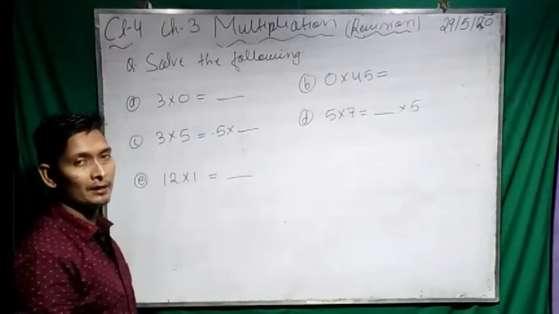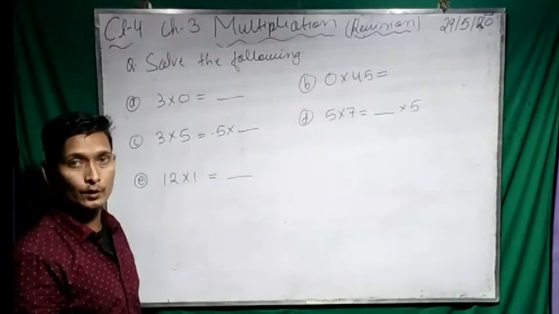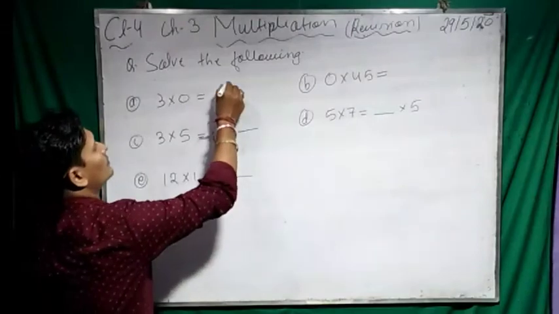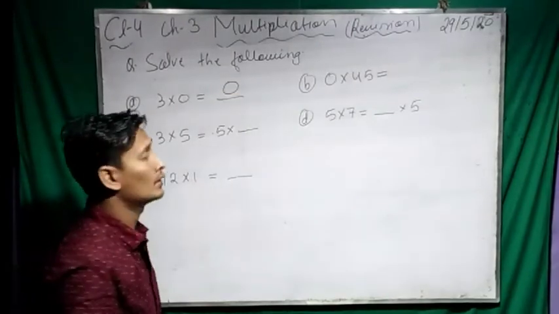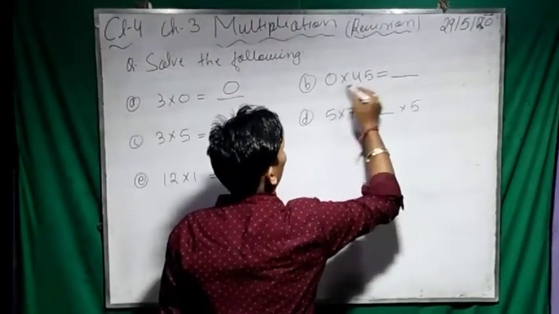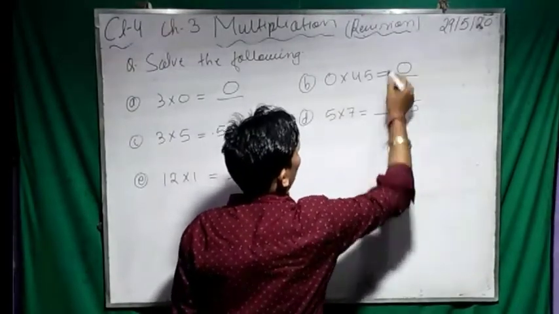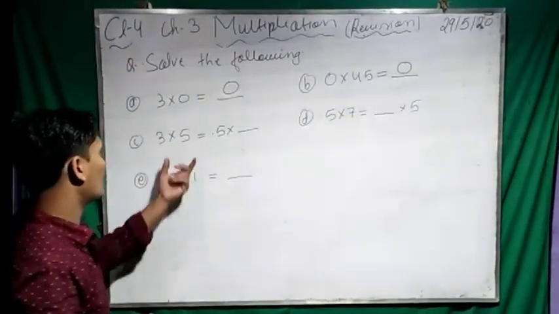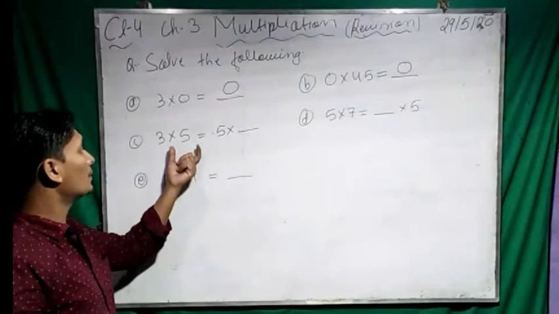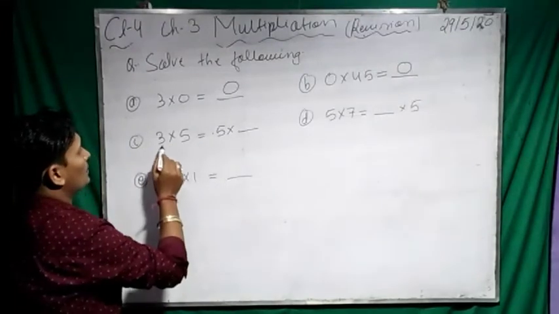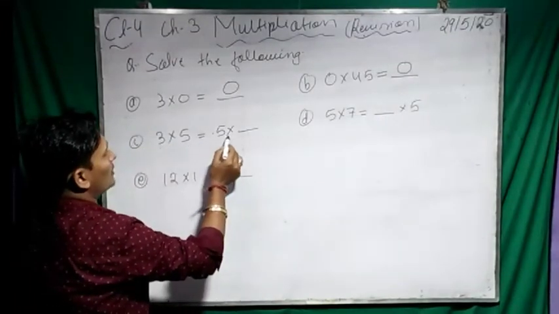So whenever we are multiplying a number with 0, the answer is 0. Yes or no? And here also the same. 0 multiplied by 45, the answer is 0. Now, what property is this? Commutative property. See, 3 multiplied by 5 is equal to 5 multiplied by dash.